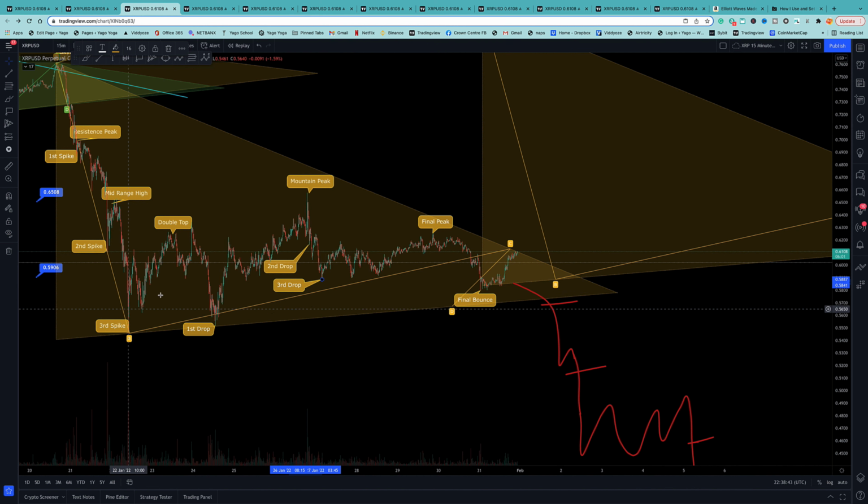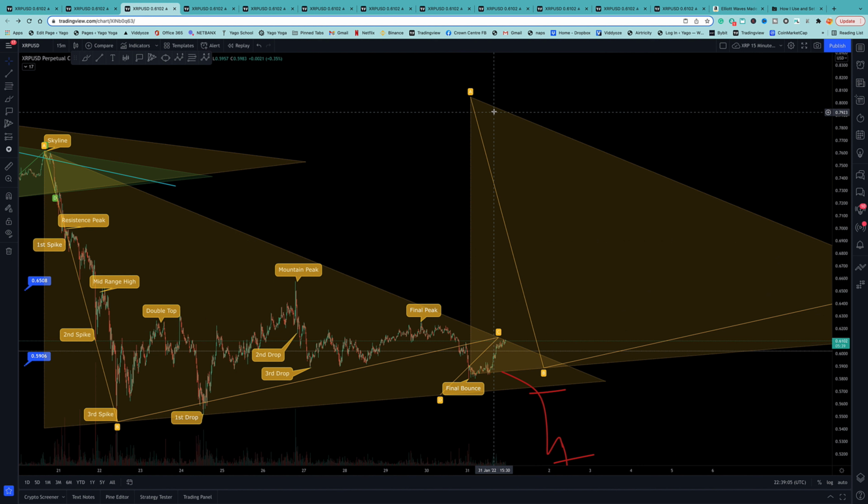So you've got third spike, first drop, third drop, and in the middle of the arc, this is the lowest point. So when you get a nice sweet entry point here, again, it has price action here, it'll do a little bounce down, and then it will bounce up. This is a really sweet trade to get in, all the way up to the skyline, all the way up to the peak here.